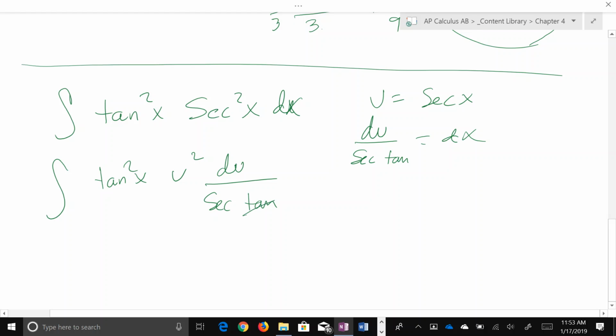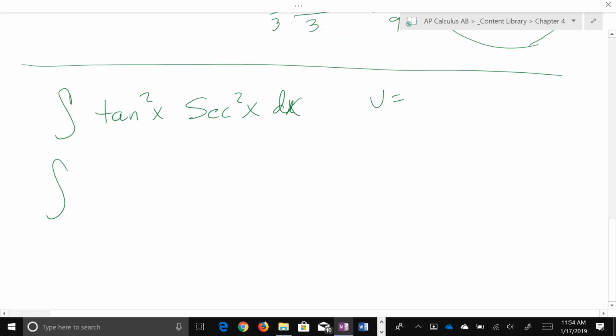Watch what happens. I kill one of the tans, but I'm still left with a secant of x and a tan of x. That's the wall you run into. In order to make this work, I have to get rid of everything, and I just need u's left over. So I would stop right there, erase, and try another u.